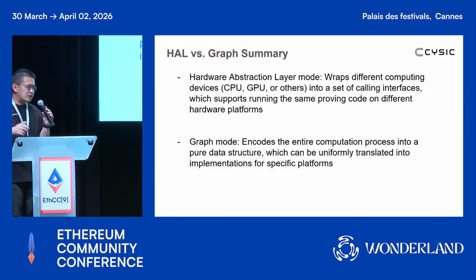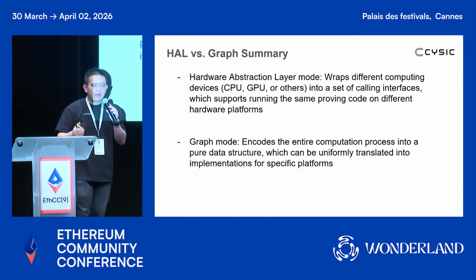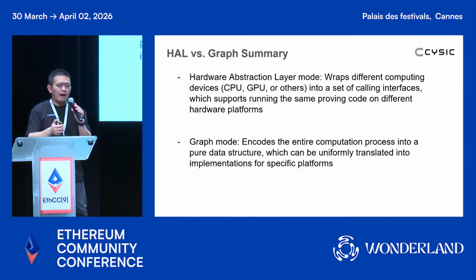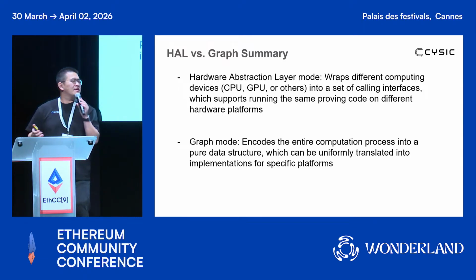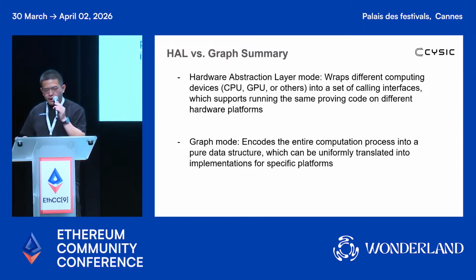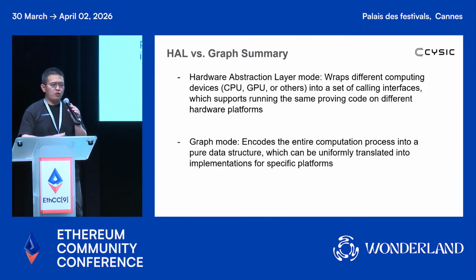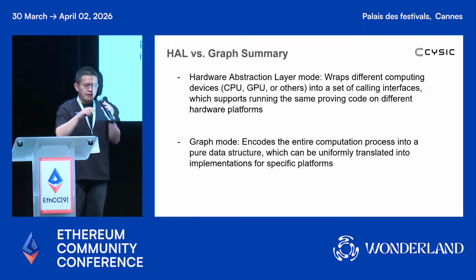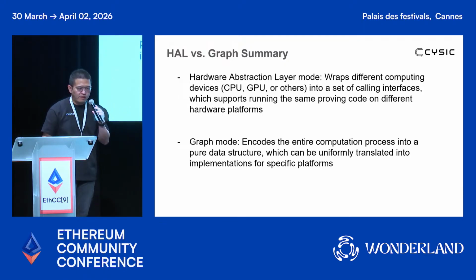If you recall, there was a ZPrize competition before where people optimized the MSM, which stands for multi-scalar multiplication, and the NTT, using GPU or FPGA to optimize these kernels, since in the whole process these kernels take a lot of time.